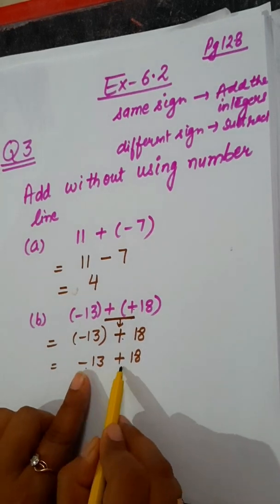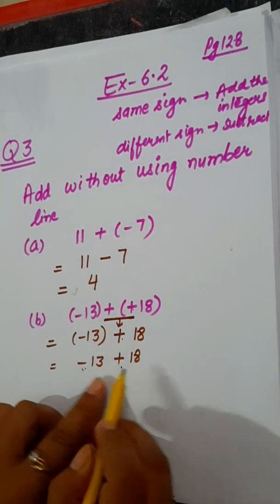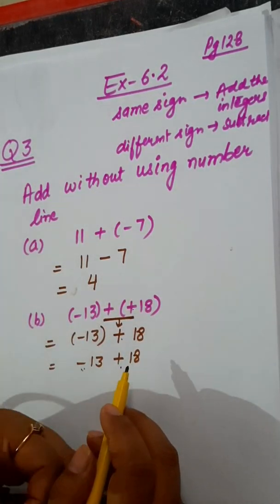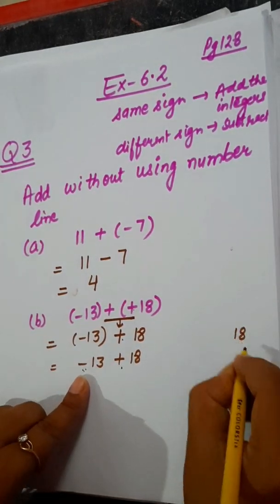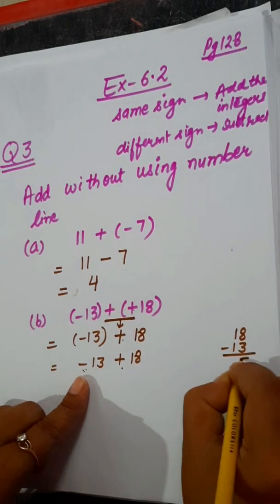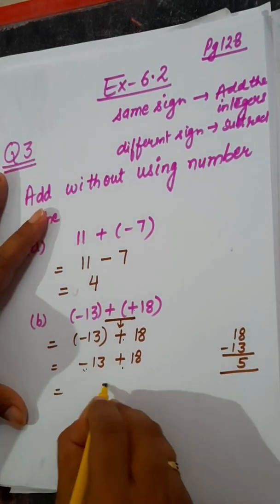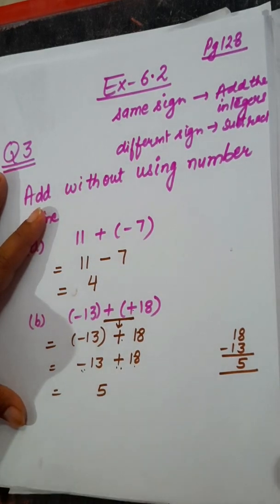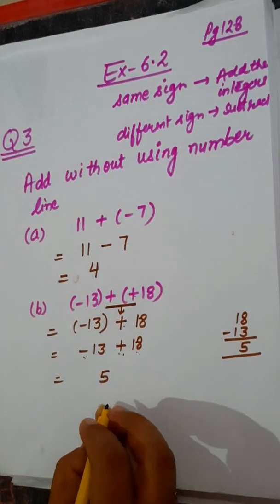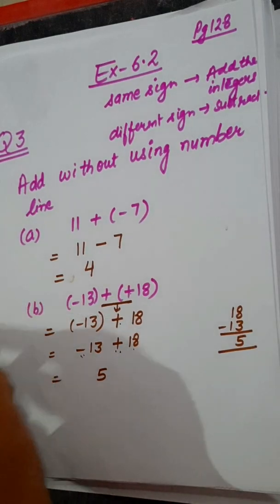Now look, we have opposite signs, minus plus. If we have opposite signs, I have to subtract. 18 minus 13, if you subtract, then you will get 5. Here the greater integer is 18 which has positive sign, so this is your plus 5. So next we have C part.